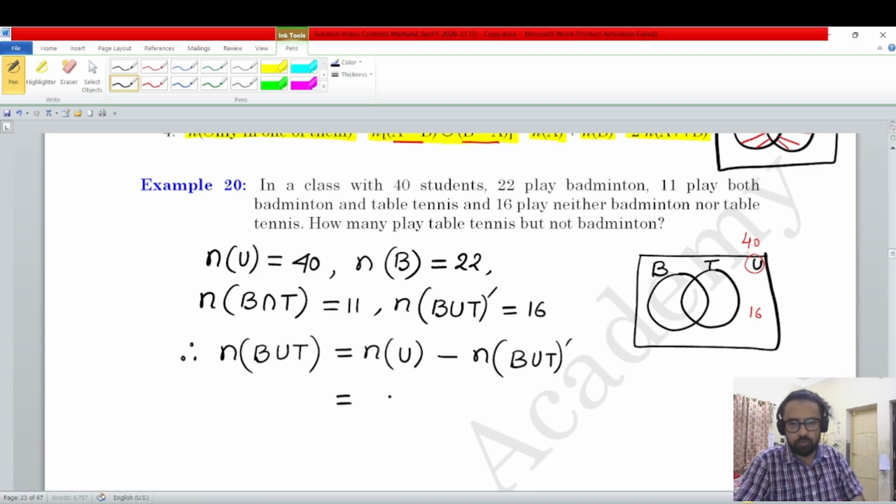So this will be equal to 40 minus 16, and that is equal to 24.